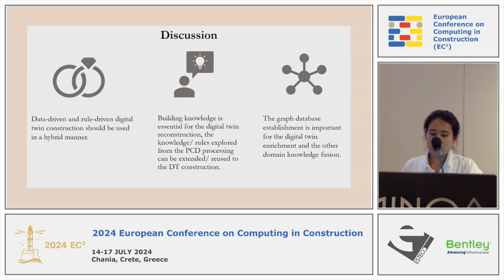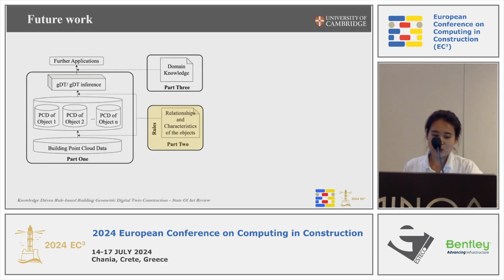And if we do the scan-to-graph kind of method, this establishment is important for the digital twin enrichment and other domain knowledge fusion. So this is the whole structure of it, and currently in this paper I only do part 2 of it, which is to review the rules used in the current methods.